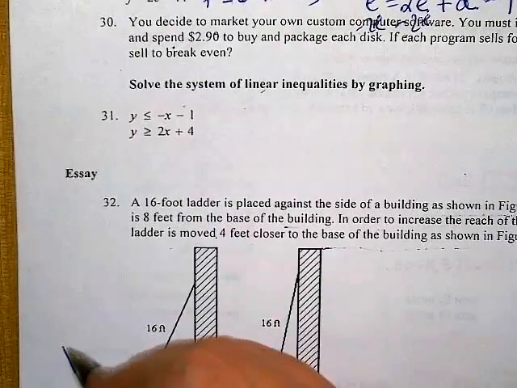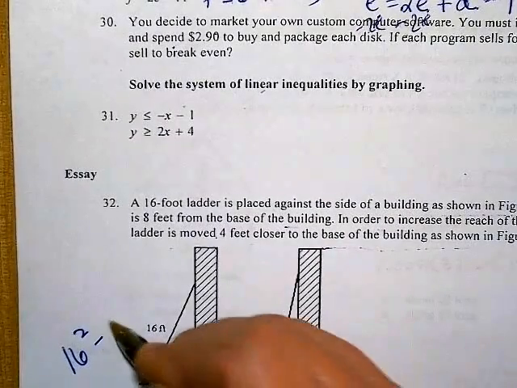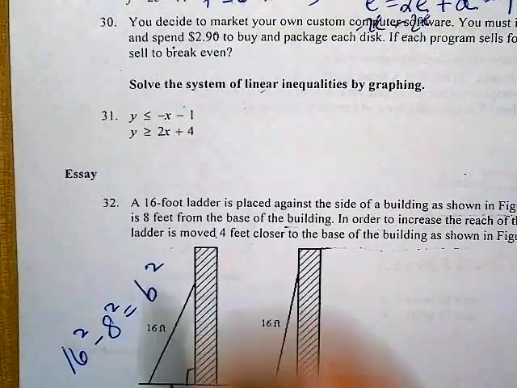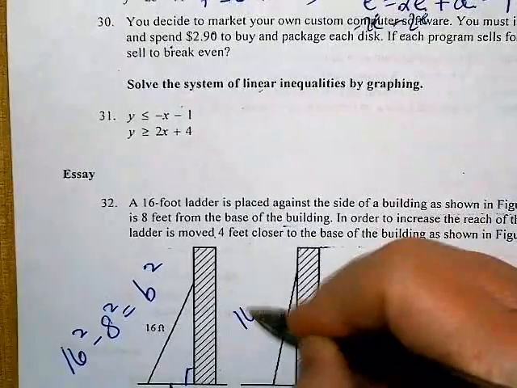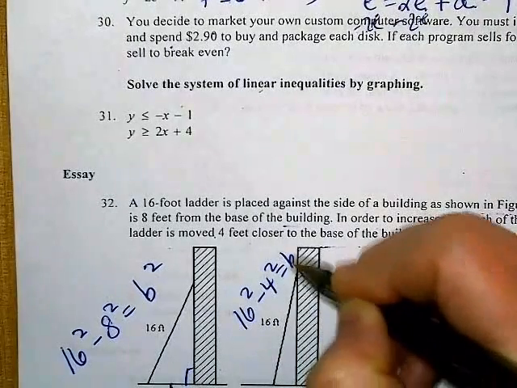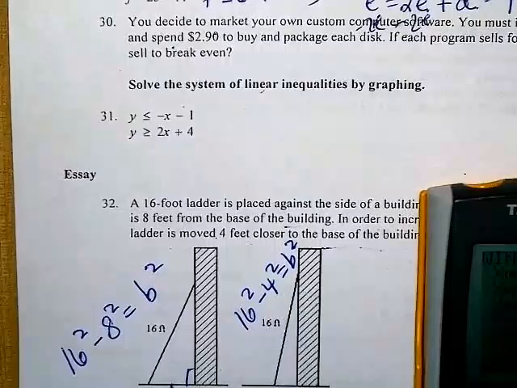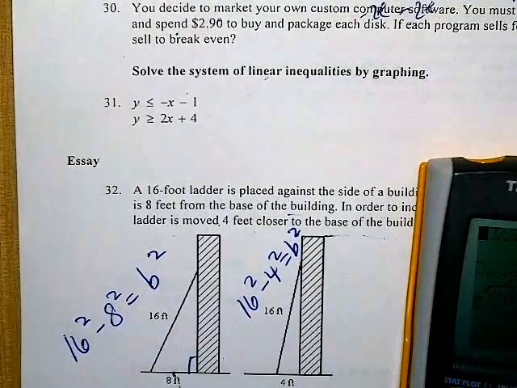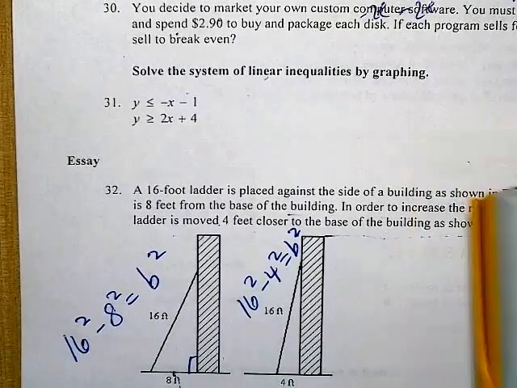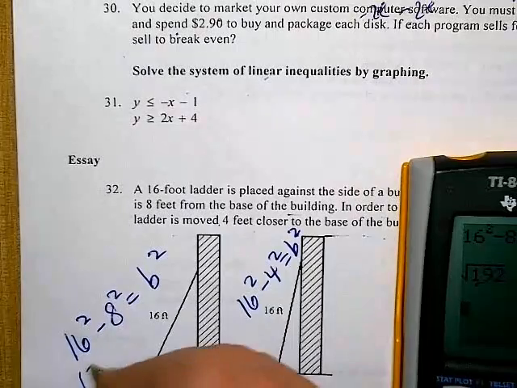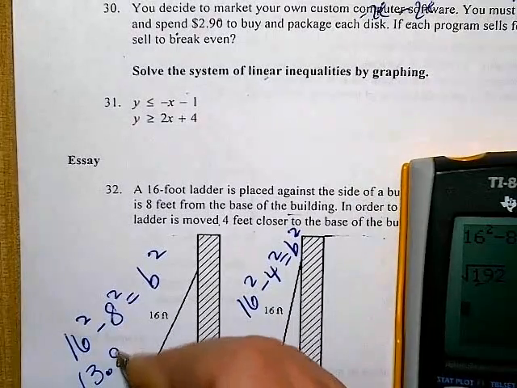So we have 16 squared minus 8 squared equals b squared. And here we're going to have 16 squared minus 4 squared equals b squared. We're just going to see how the b's changed. The first one is square root of 192, which is 13.86.